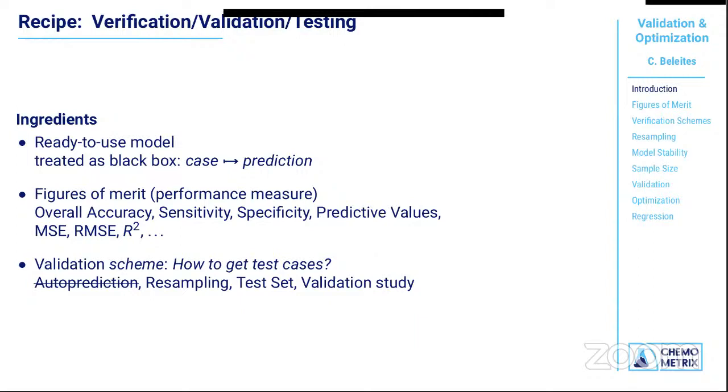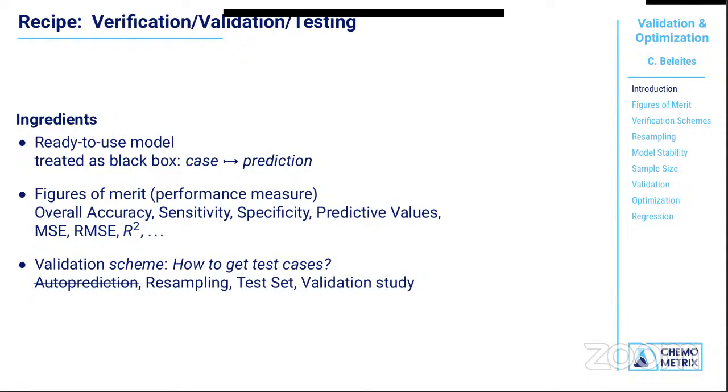In general, we can say that there are 3 ingredients to verification and validation testing, as it is also called. The main ingredient, of course, is the model, which we study in verification and validation. And Martino has already said this morning, this is kind of treated as a black box.